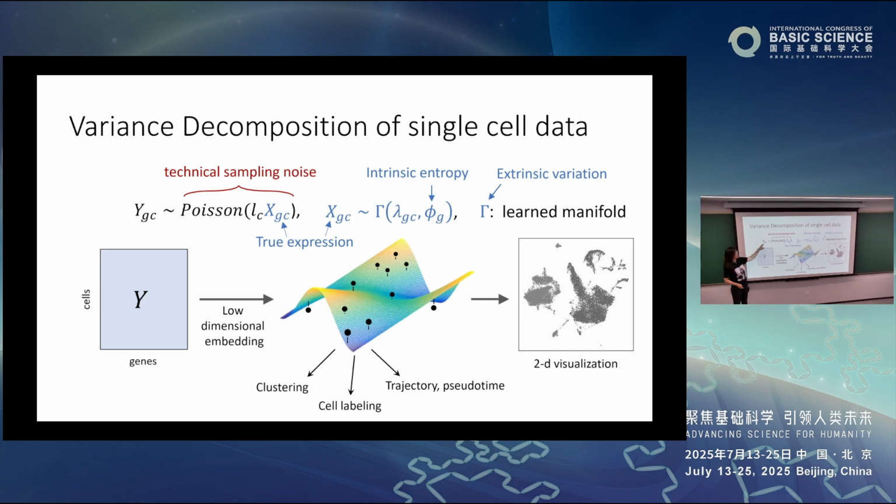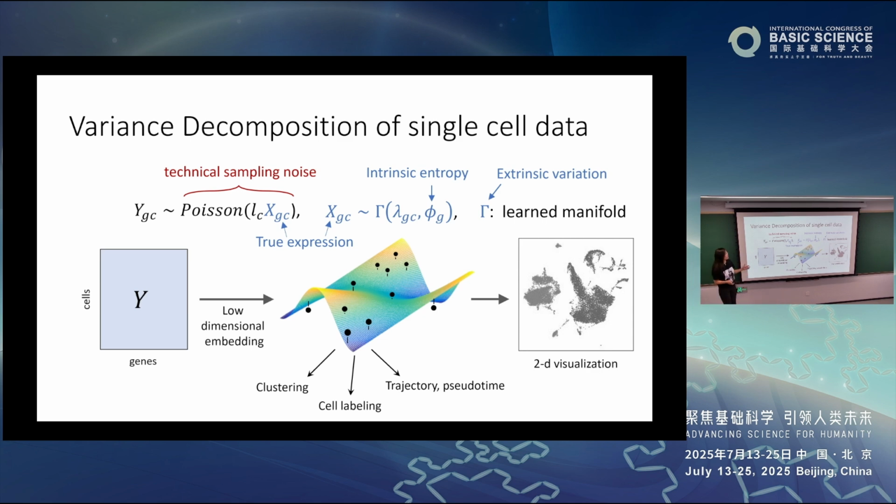We assume that it is Poisson with mean equal to the library size of the cell, meaning a cell-specific size factor that can be estimated, multiplied by the true expression XGC. And that true expression we assume to be gamma distributed with mean lambda GC, which is this learned manifold, and with a gene-specific dispersion, phi G. And that's it. That's the model.